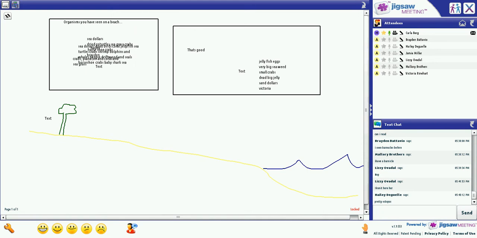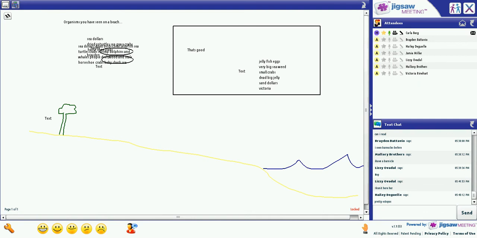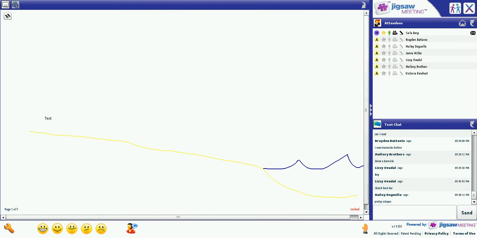Now that we have talked about some more organisms on the beach, I would like you to go ahead and add the organisms. I just went ahead and erased that since someone was helping me out. I would like you guys to place your organisms where they would go along the beach.